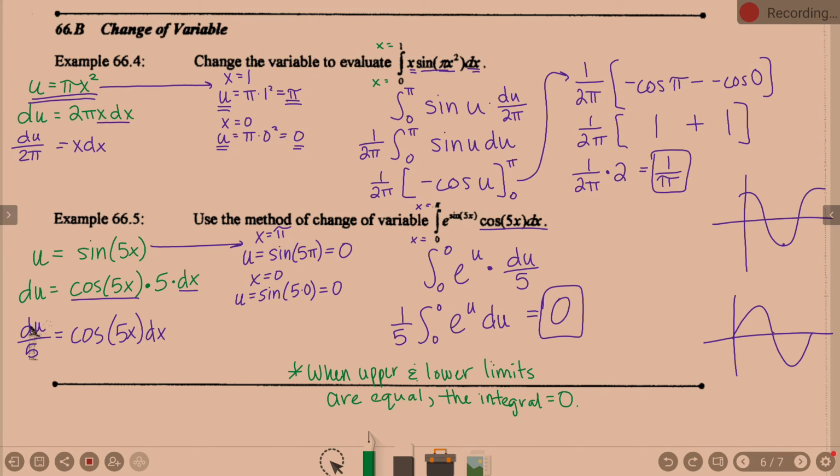That day when we had all those properties, right? This was one of them. Now, if you stop and think for a moment, to me, it's logical. As Ross, Ethan, someone said, it's going from 0 to 0. You're covering no area. So it has to be 0.